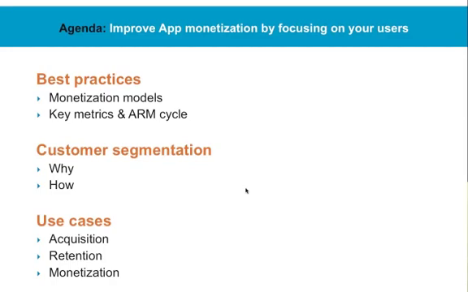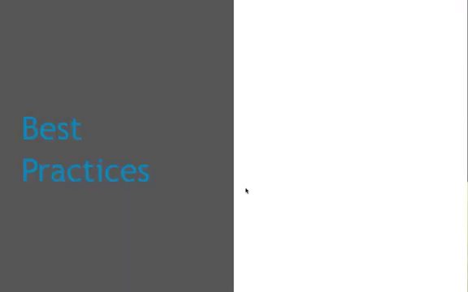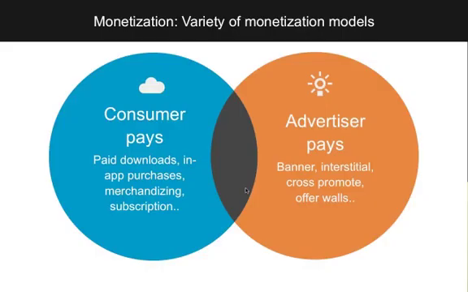Great. So starting off with some best practices that we've seen around. The first one that I wanted to cover was monetization. Right? The idea is that there are a variety of monetization models that have sprung up, especially lately in the ecosystem.